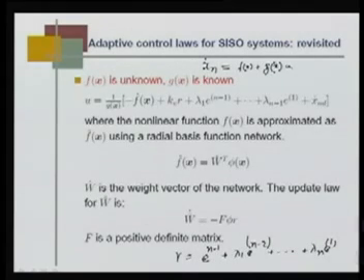So, this is our filtered tracking error. And using this filtered tracking error, we have a weight update rule for estimating f hat x.